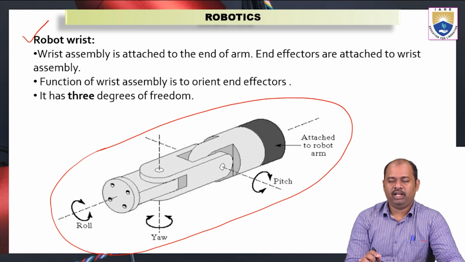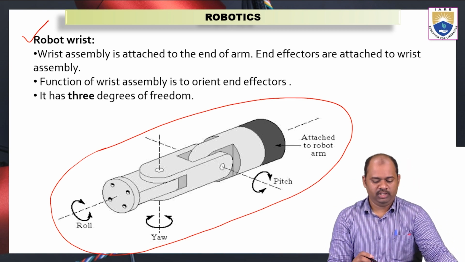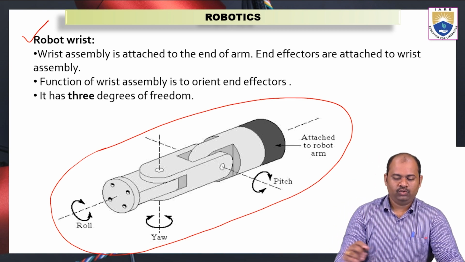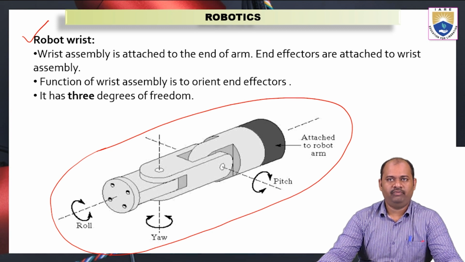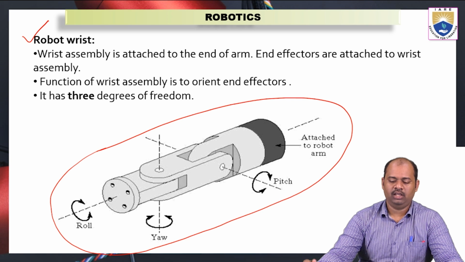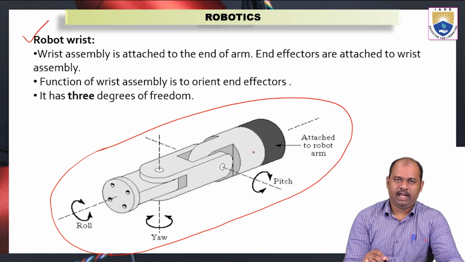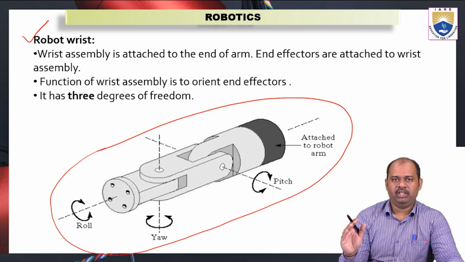So that is where we will connect this wrist to that arm, where it can have 3 different motions. As we have seen in the previous slide, 3 rotational motions are possible for this wrist. So wrist assembly is attached to the end of arm. End effectors are attached to wrist assembly. Now this is the attachment given to the last link of the arm.